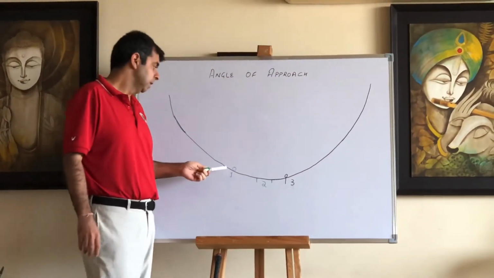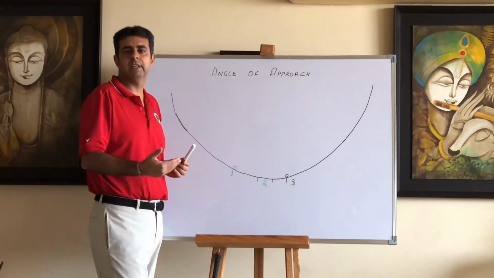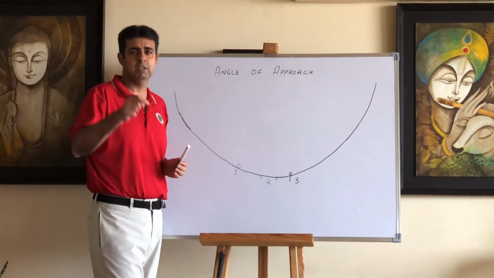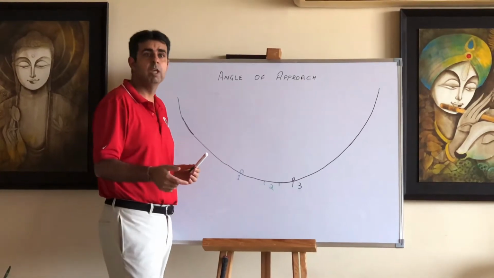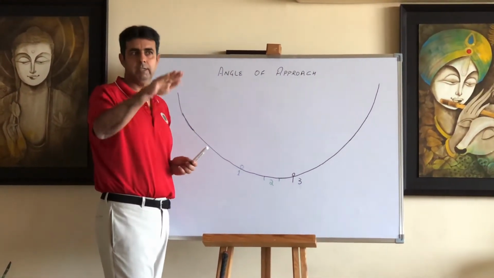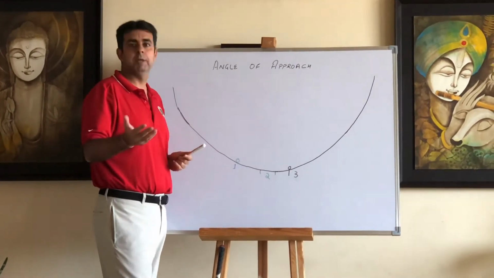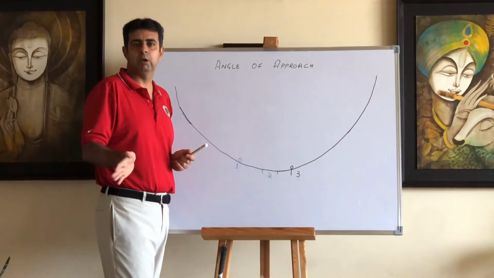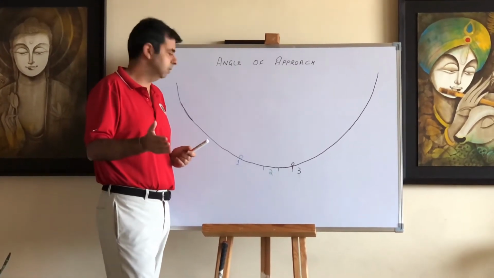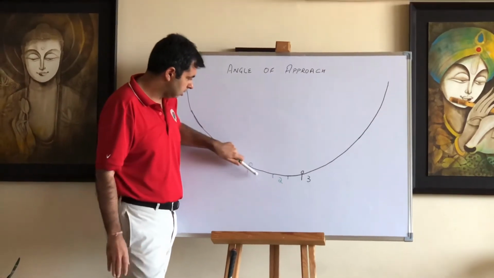Now typically a more downward angle of attack is used if the ball is sitting down in rough and you want to punch it out. If you want to hit a shot that's going to stay low under the wind, you're going to hit the ball and make the ball launch much lower. Typically, maybe a really low chip shot, a chip and run that you want to make go really far. That's point 1, which is quite a lot down.